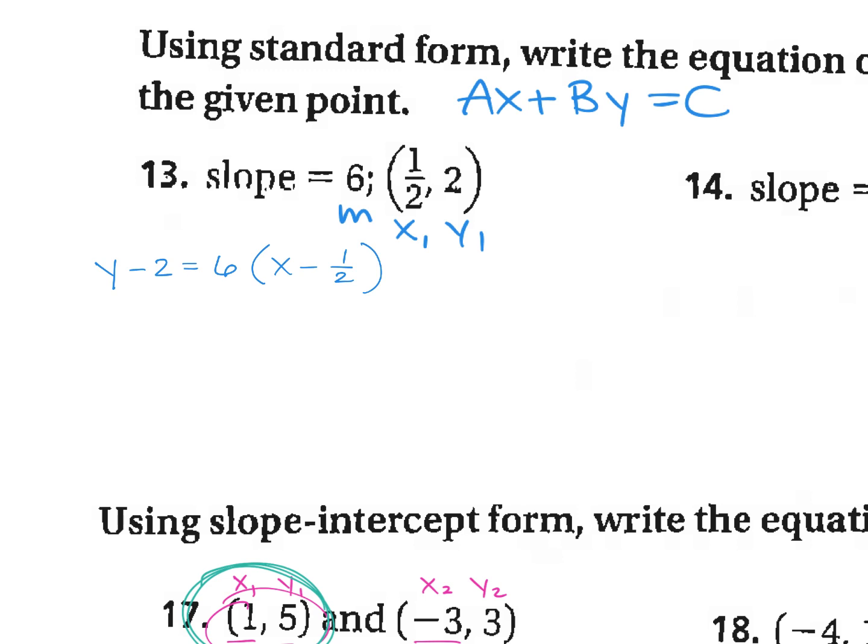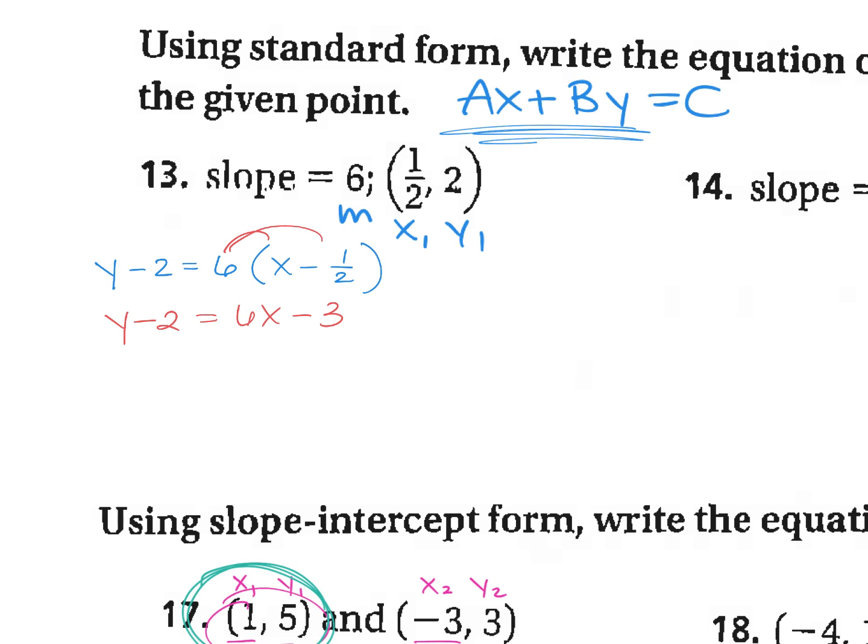And then to put it into standard form, we have to get our x and y together and our constant by itself. So the first thing we're going to do is distribute here. y minus 2 equals 6x minus 3. Remember, we don't really love having a negative out in front. If I move my 6x to the left right now, I have negative 6x plus y.